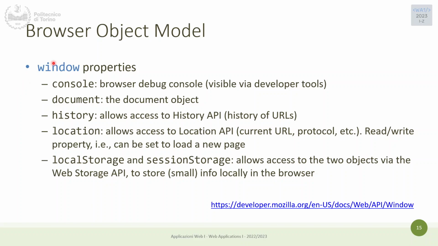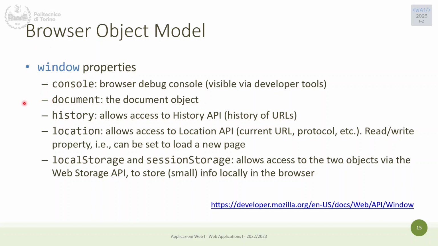And it makes sense that the console is associated to the window object and not, for instance, to the DOM, the document object. Because if you think about it, the console is something that is outside the HTML page. You have to access a specific panel to get to it. So remember that the console is not associated to the document object.